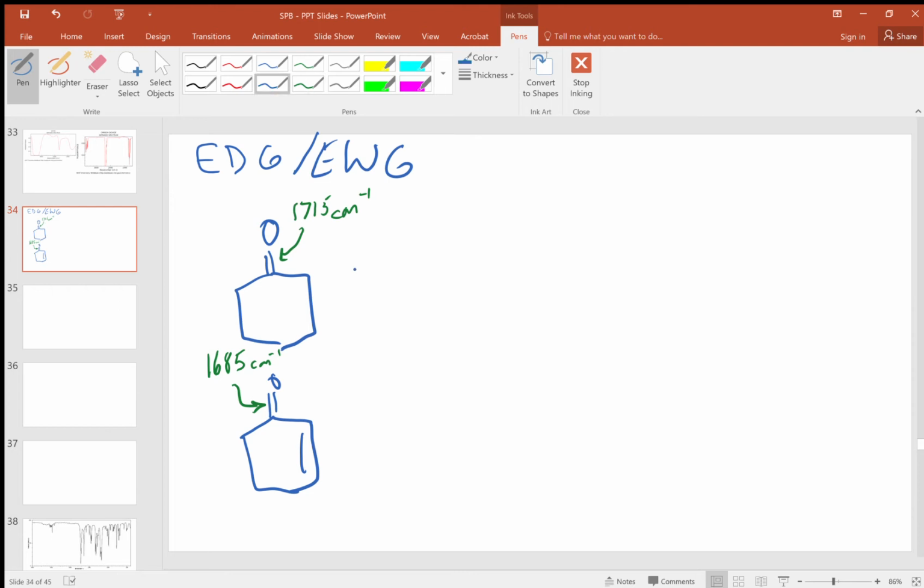Well, what can we draw for resonance structures for these molecules? So as we learned back in the first chapter we covered in this course, for any carbonyl, we can always draw a resonance structure where we shift the pi electrons up onto oxygen and we get the plus and minus charges. And we can do that for both of these ketones.